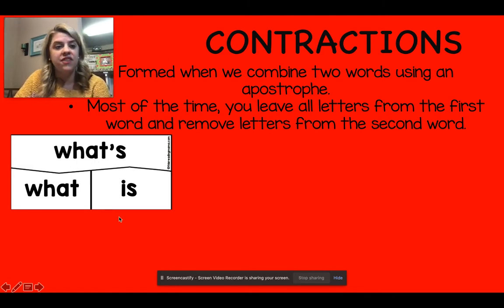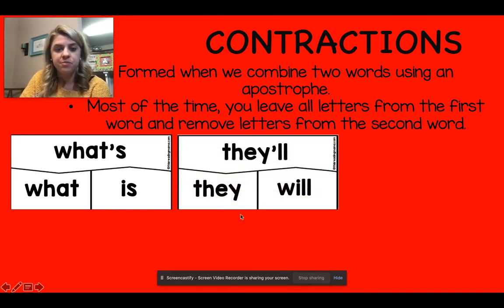Now, let's look at this. What's missing, or what is missing? It's the letter I. And if you notice where the I should be, we now have an apostrophe, okay? So the contraction what's is made of the words what is, okay?